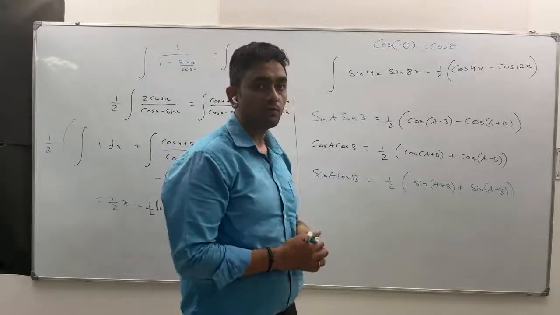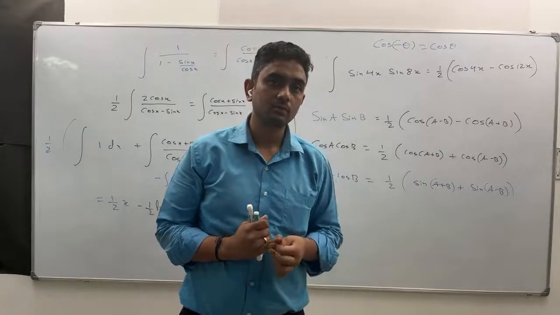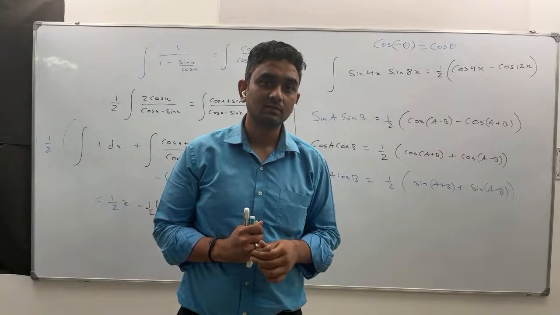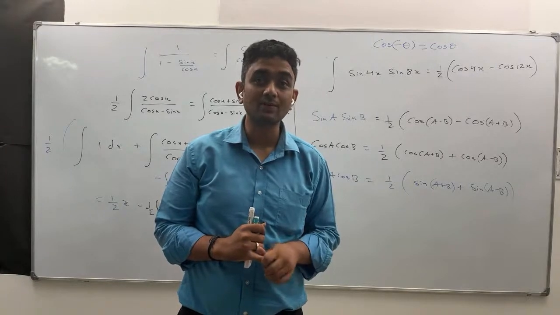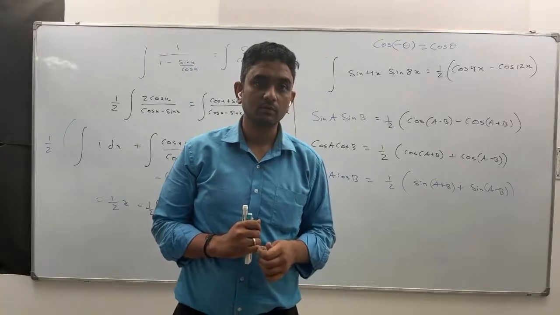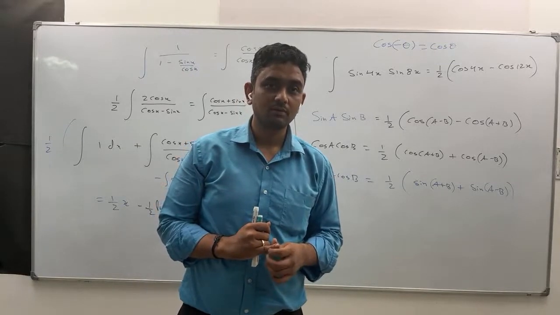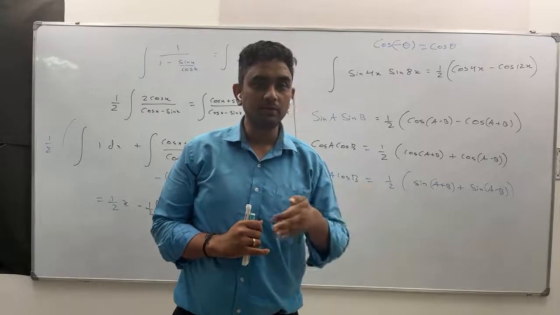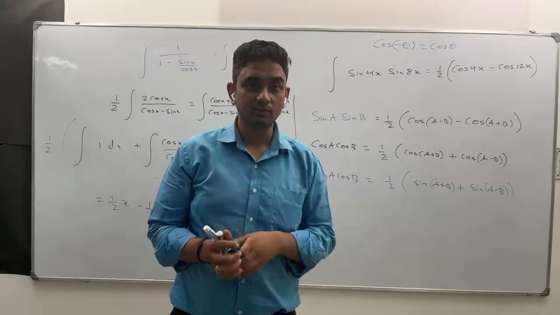So what will be the integral of cos 4x? What is the integral of cos x? Sin x. So what should be the integral of cos ax, or 4x? 4 is constant. In differentiation, it comes in multiplication; integration will come in division.